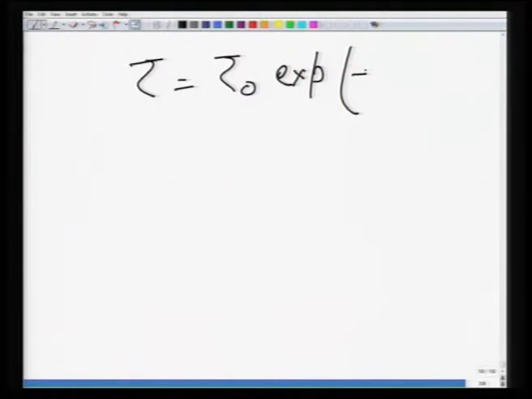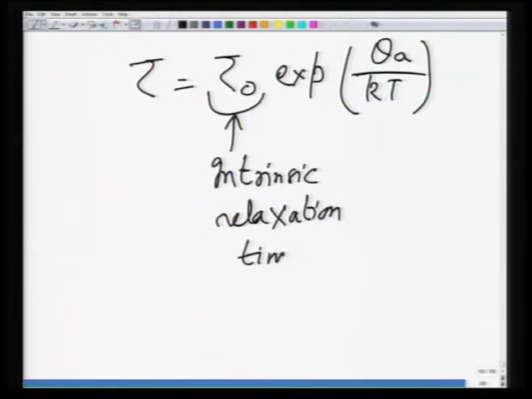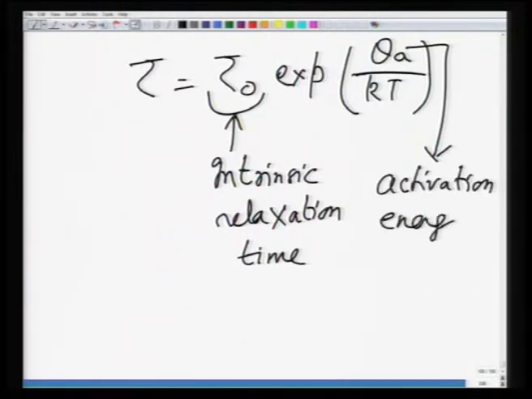dependent upon temperature. From this we saw that tau is equal to tau naught times exponential of QA by KT, where tau naught is the intrinsic relaxation time and QA is the activation energy, which is the same as what we discussed earlier, EA, for the dipole relaxation.